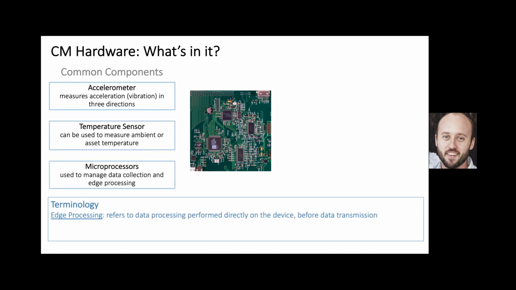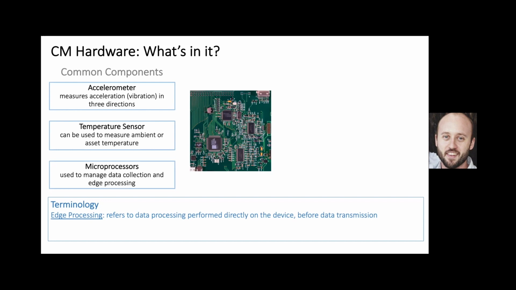We also have in the hardware itself frequently many microprocessors that are going to handle the sensors. They're going to handle the processing of that data. And in IoT jargon, we call this edge processing. So you've probably heard the term cloud computing because that means that the data is being processed in the cloud somewhere outside of the location that it's being collected.